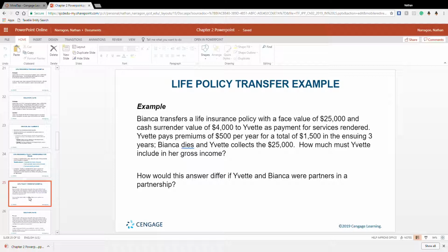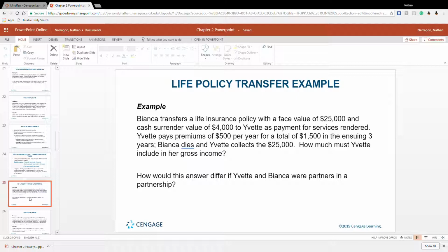Bianca dies. So sad. Probably was a nice funeral. And Yvette collects the $25,000. How much must Yvette include in her gross income? And how would this answer differ if Yvette and Bianca were partners in a partnership?